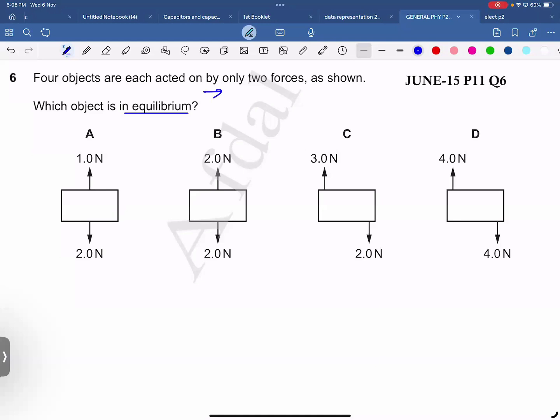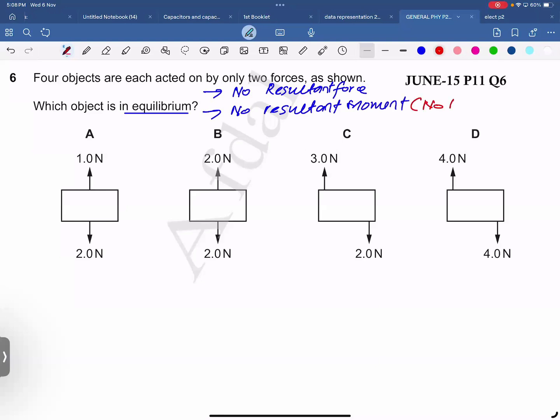Number 1, forces are balanced: no resultant force. And then no resultant moment. No resultant moment, indirectly, you can say no rotation. First of all, force.